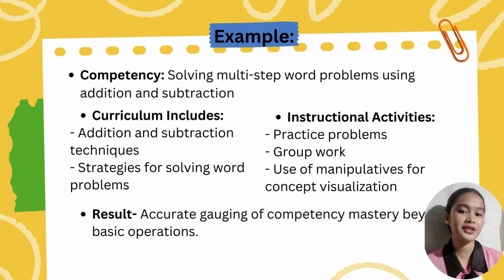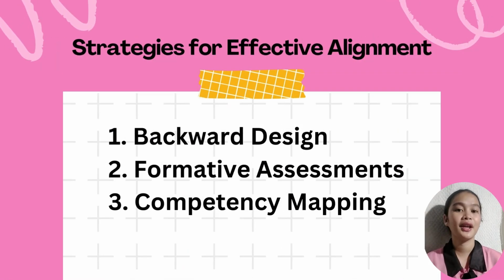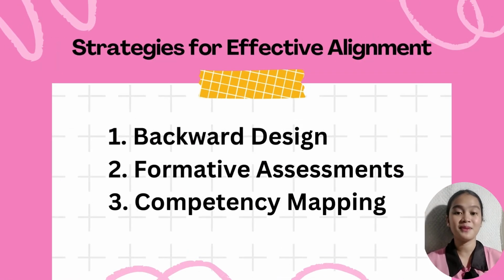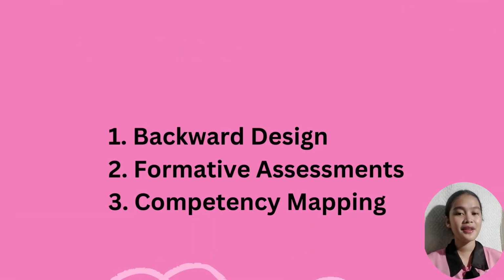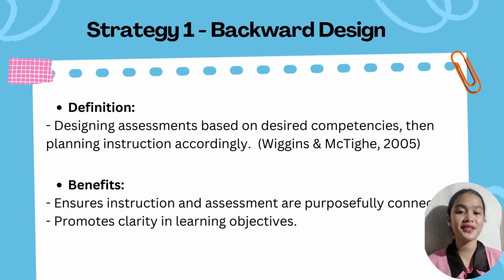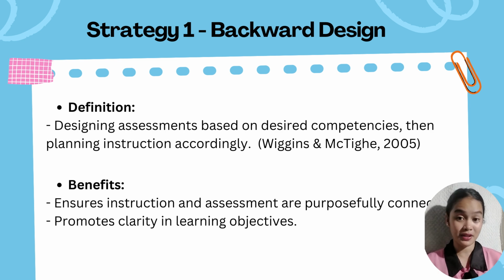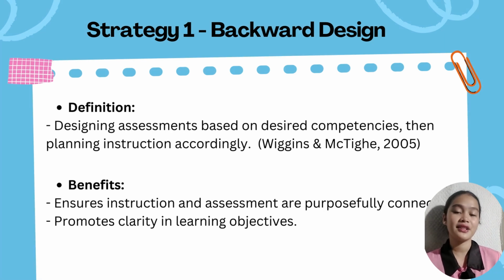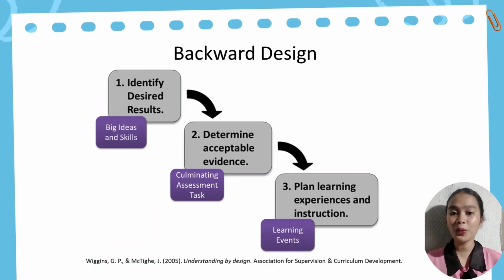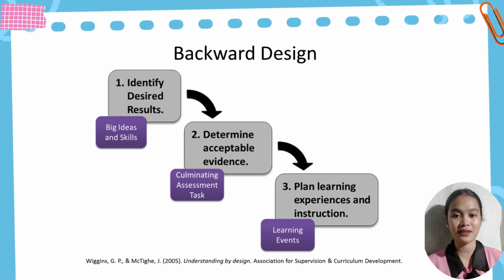One effective strategy for aligning assessments with curriculum and instruction is backward design. In this approach, educators first design assessments based on the competencies students must master and then create instructional activities to support students in these assessments.